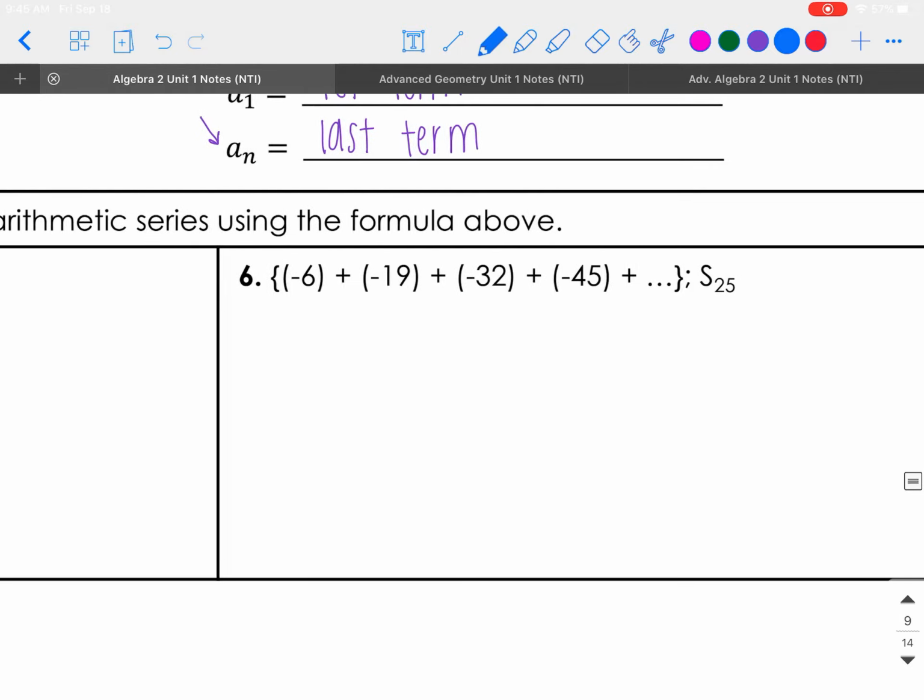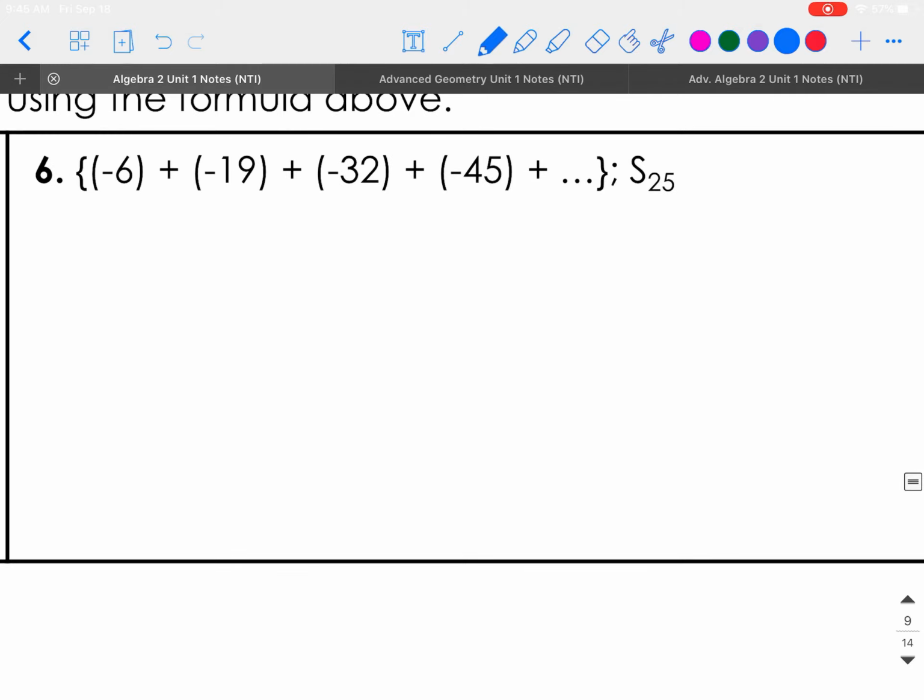Let's do number 6. All right. N equals, that is the number of terms that I'm adding together. That's 25.